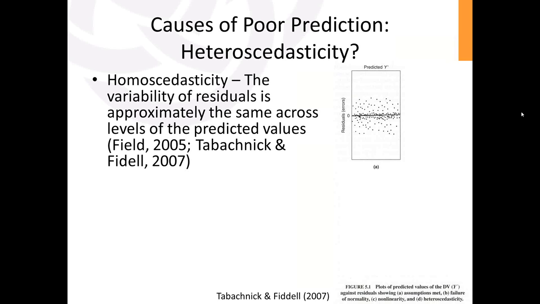So essentially, if you have the predicted values on the x-axis, what you want to see is that at high values you have the same amount of error in prediction, from up and down, as at the lower end. You want to see the same amount of variability in those residuals, and in the middle as well, everywhere across. And so that's why you may have heard that residual plots should be this sort of cloud of data.